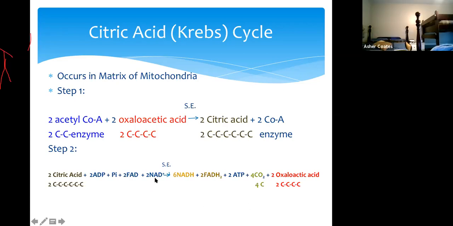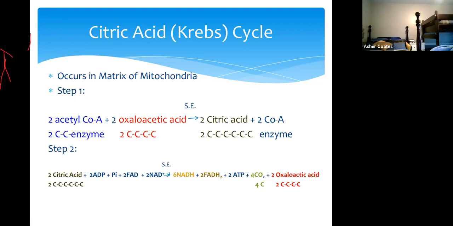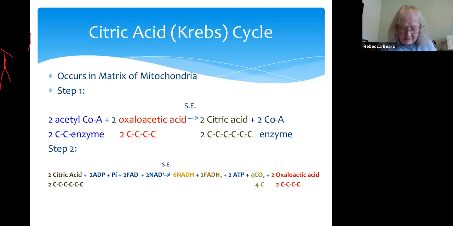On your chart, you have, oh, I just pulled it up. You have 6 NAD in the first half of that instead of 2. Oh, yeah. Okay, so I've got it wrong up here. That's where it is. I'll have to go back and fix that. So that should be 6 right here.